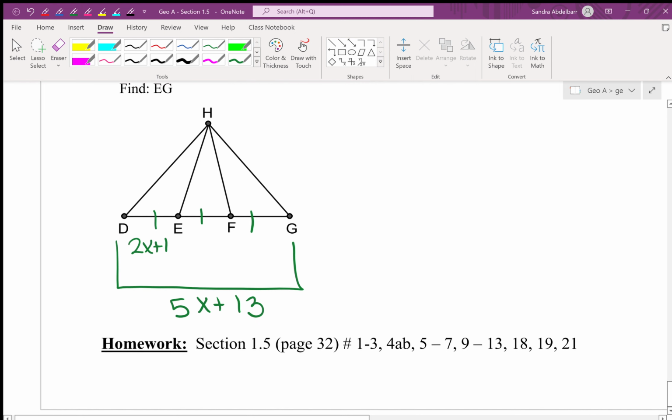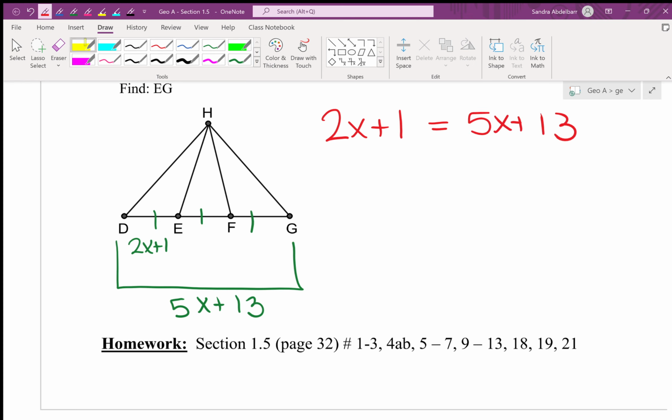Okay, I would say the majority of students are thinking that 2x plus 1 equals 5x plus 13. But look what you're saying. You're saying this one little part is the same length as this whole entire segment. Does that make sense? That one part of a segment is equal to the whole thing? No, so that wouldn't work.